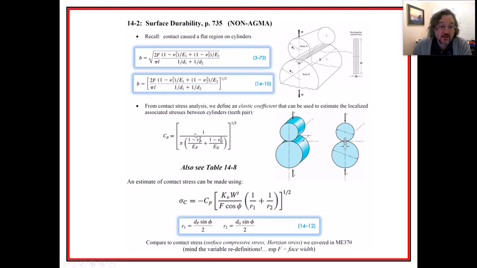particular chapter is this thing they call the elastic coefficient, and you can see the capital C subscript P right here. If you take a look at that, you can see where this has come from. We have Poisson's ratio, 1 minus Poisson's ratio squared divided by Young's modulus, in both places.